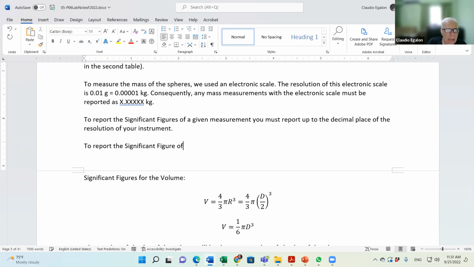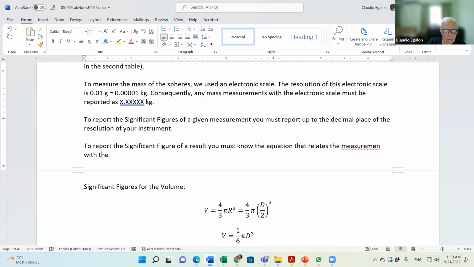To report the significant figures of a result, not a measurement, you must know the equation that relates the measurement with the result.